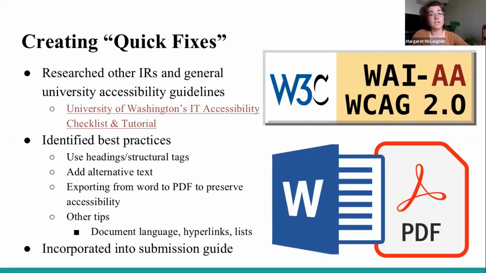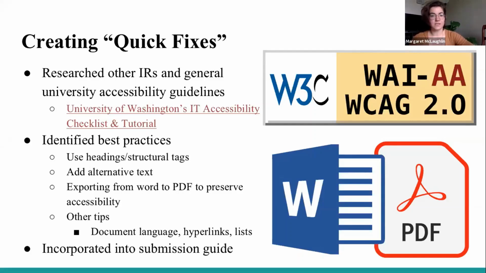Each IR may choose, if you choose to do something similar, to emphasize different best practices. These are the ones that we thought best for our institutional repository, and the ones that we thought were most important, and they are listed in order of what we thought were most important for accessibility based on the research and based on our peer institutions and what we were able to draw and conglomerate from these sources.